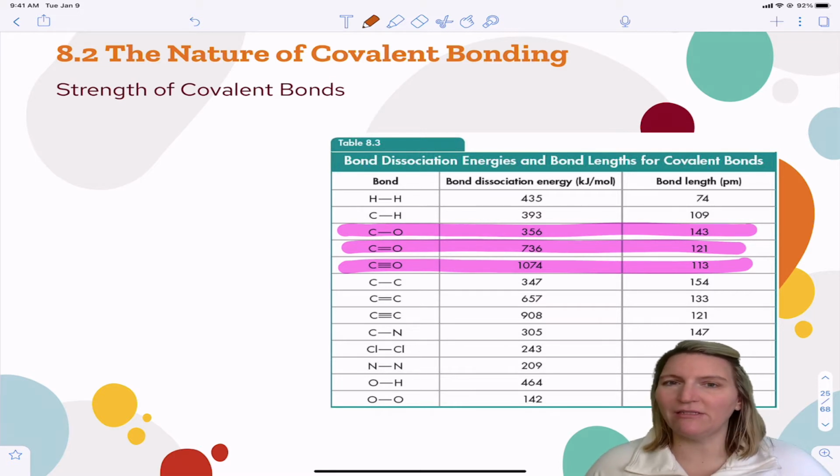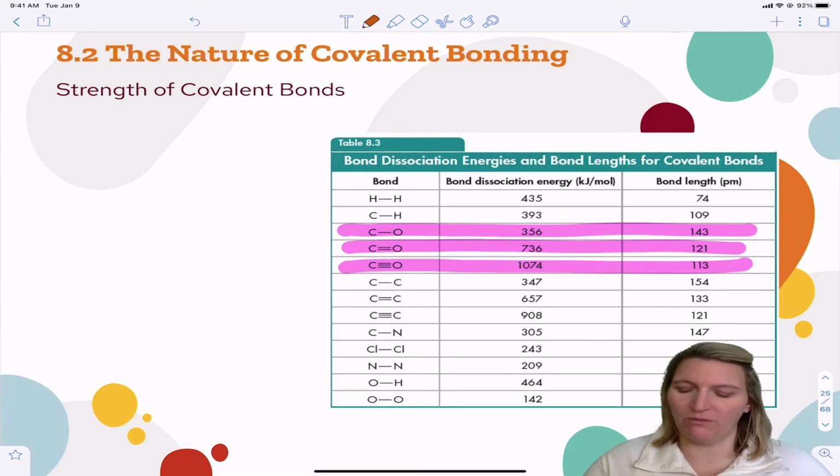And that actually makes sense when I think of what a triple bond is. Remember, a triple bond is sharing 6 electrons. In order for the orbital overlap to be such that 6 electrons are shared, those atoms are going to be, as we can see here, very close together.